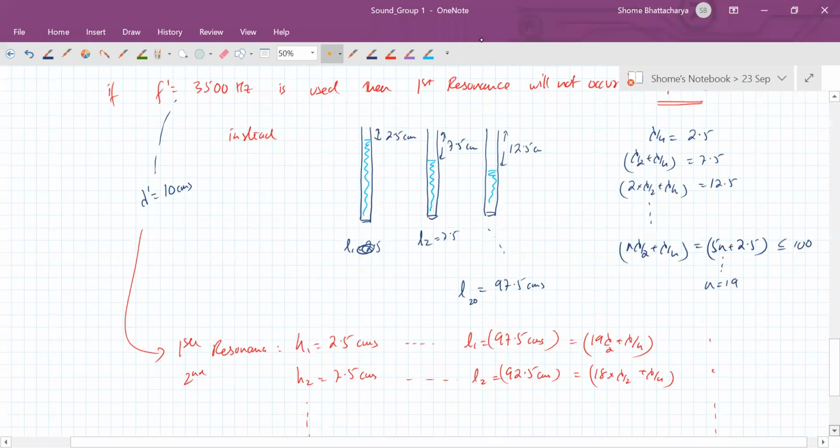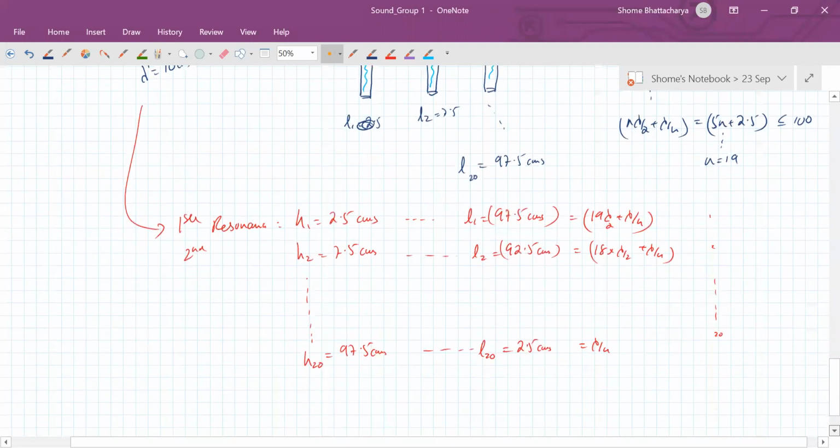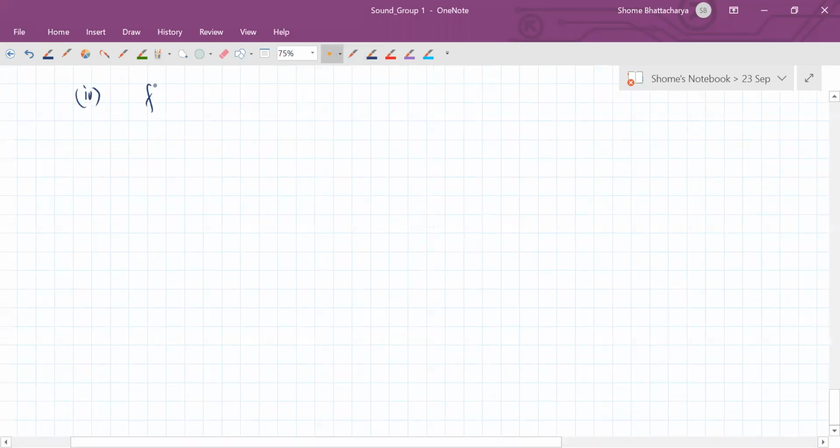Okay. Now, just to conclude this, if the frequency of the tuning fork is 3 times that frequency, so it is 3 into 1.75 kilohertz, or that is 5.25 kilohertz, then you will get a resonance at h is equal to 5 centimeters.